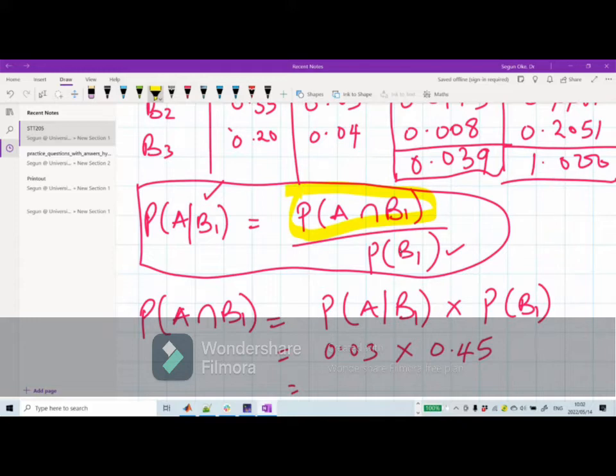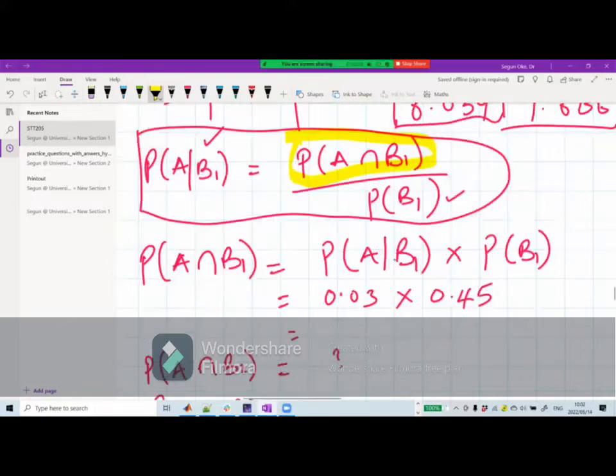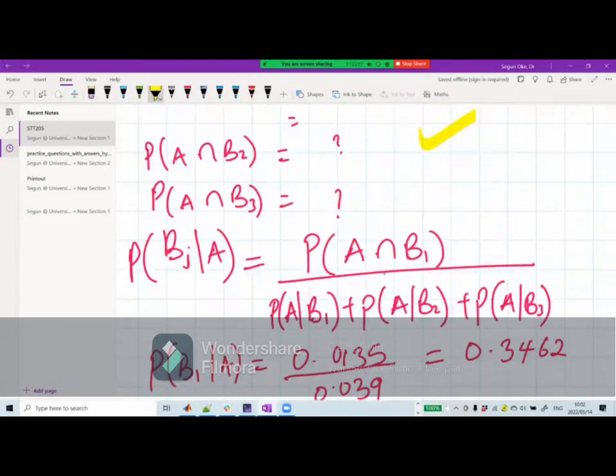We put it inside the formula, probability of A given B1, just to find A intersection B1, because it was not given. Now we have A intersection B1, A intersection B2, and A intersection B3.